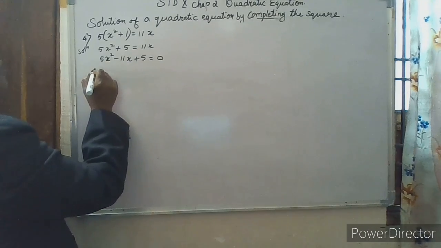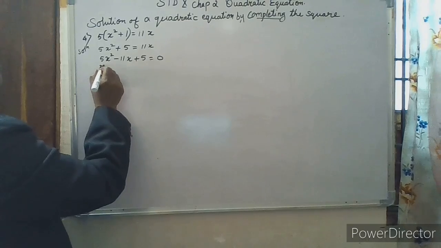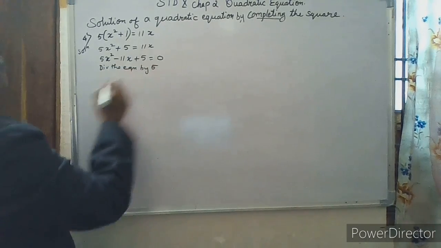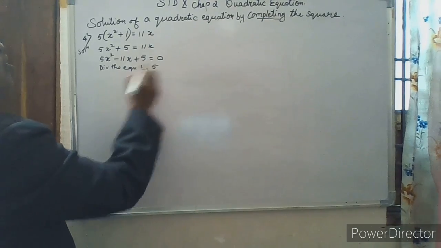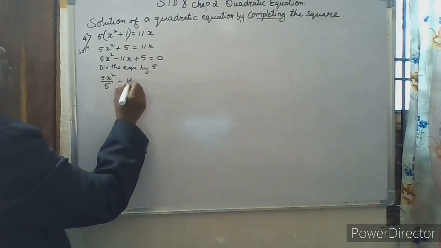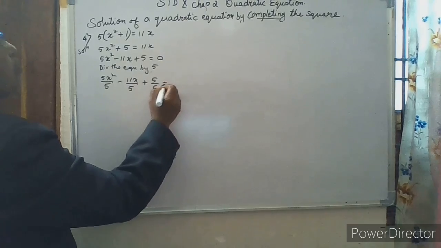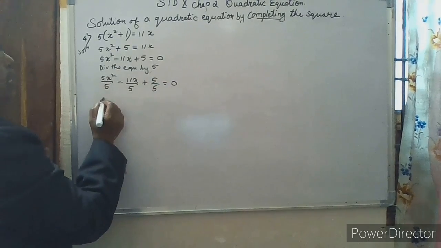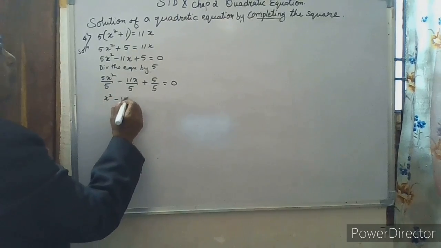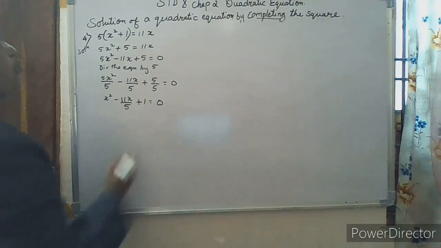So now 5 is the coefficient, so we have to divide this equation by 5. Therefore it is 5x squared by 5 minus 11x by 5 plus 5 by 5 equal to 0. So 5 cancels, and therefore it is x squared minus 11x/5 plus 1 equal to 0.